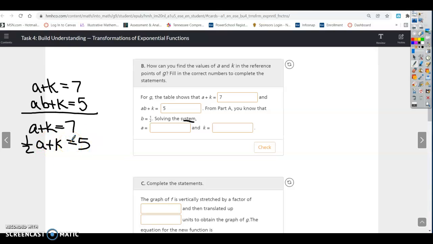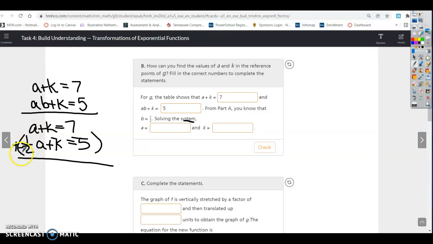And then when I set this up, I can see that I have a k in both of these, but they're both positive. So I want to subtract one equation from the other. Okay, so let's subtract this whole equation from above. So what's going to happen is it's going to be a plus, a minus, and a minus. I like to distribute that negative so that I don't forget to subtract across. Now I can combine my two equations and solve.